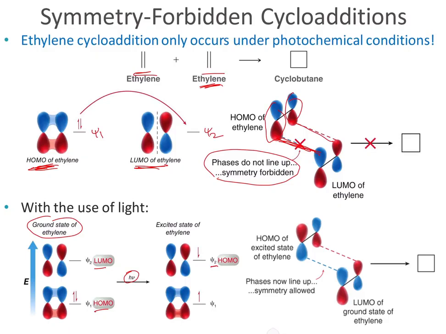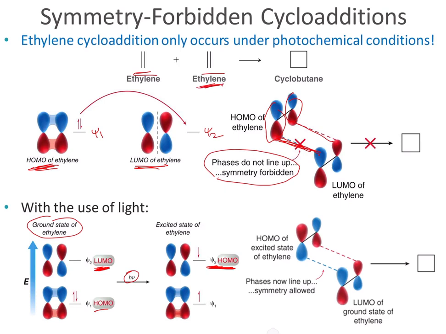It means that now the one that was LUMO is the new HOMO. Then we can take the HOMO of one of them and interact it with the LUMO of the other one. So this HOMO is going to interact with the LUMO of the other ethylene.